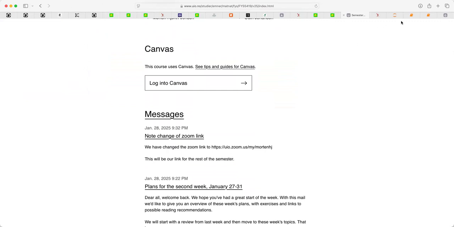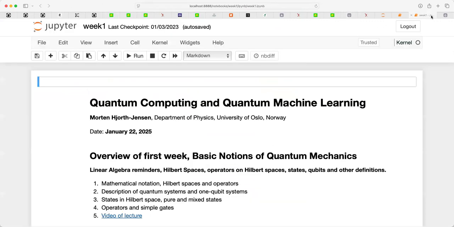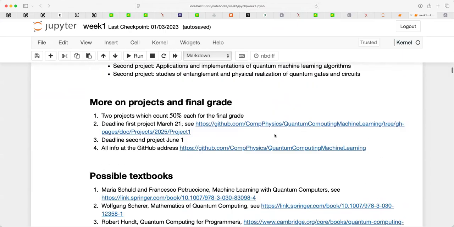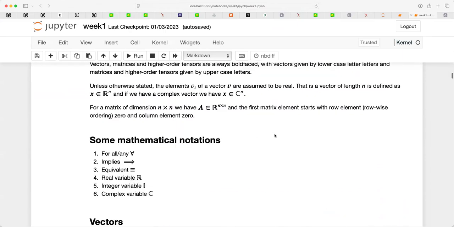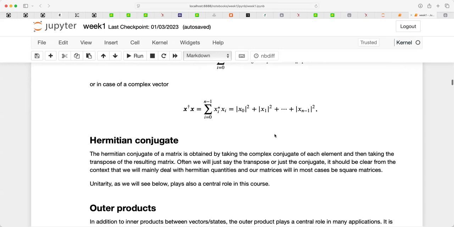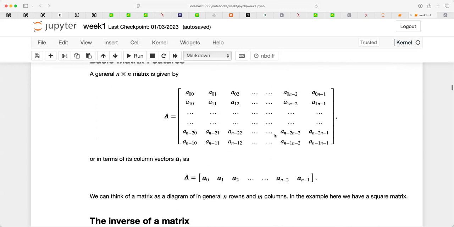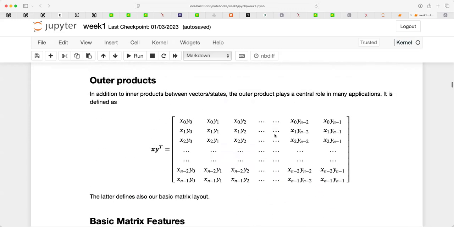Okay, so let me very quickly repeat some of the things which we discussed last week. I will go quickly through this one. The first thing I wanted to remind you of is a very important quantity, the outer product, which we are going to use again and again.